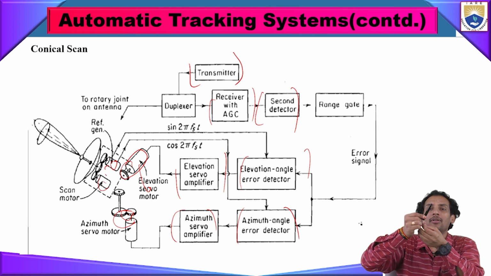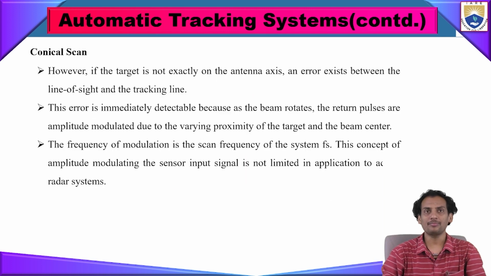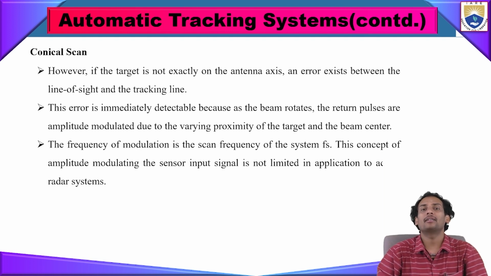The radar will also rotate in front. If the target is not exactly on the antenna's axis, an error exists between the line of sight and the tracking line. This error is immediately detectable as the beam rotates, and the return pulse amplitudes are modulated due to the varying proximity of the target and the beam center.